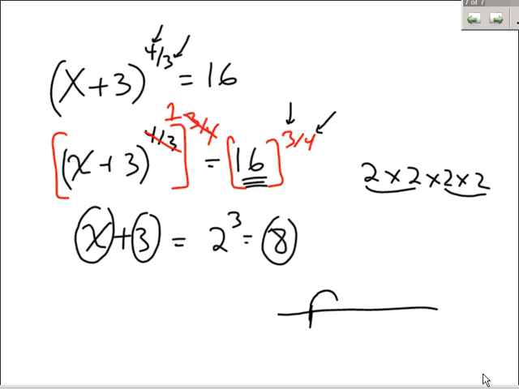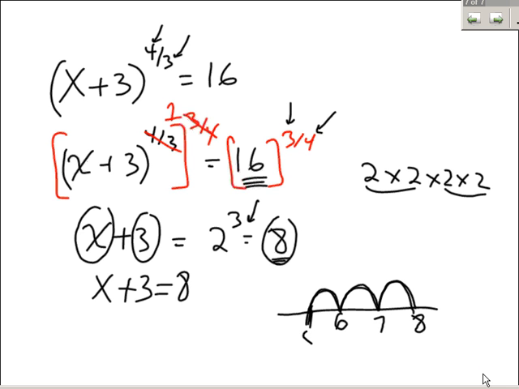When I add 3, 1, 2, 3, I get 8. If I take the number and I add 3 to it, I get 8. Well, then that must be 5, x is 5.